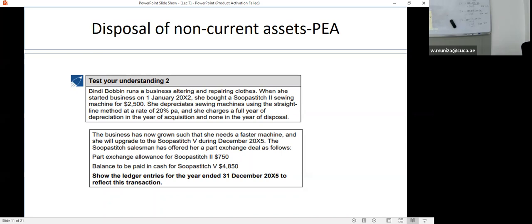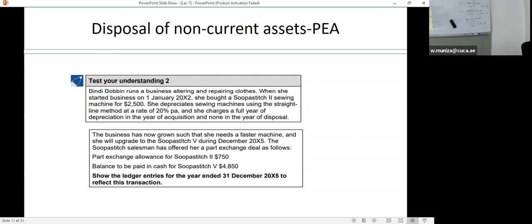Again, at 31st December 2003, debit depreciation expense account, credit accumulated depreciation account. Same amount of depreciation since it is the straight line method. How much? 500.